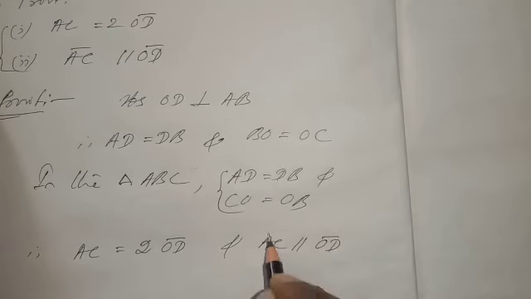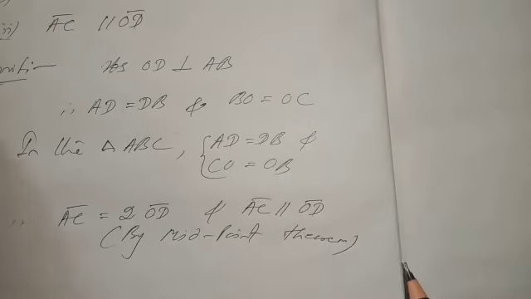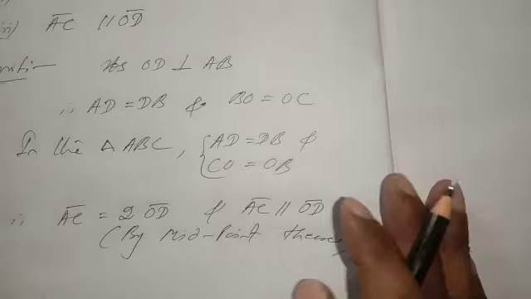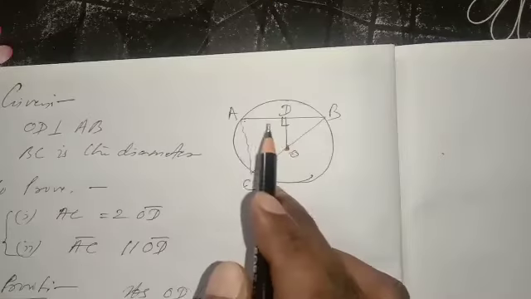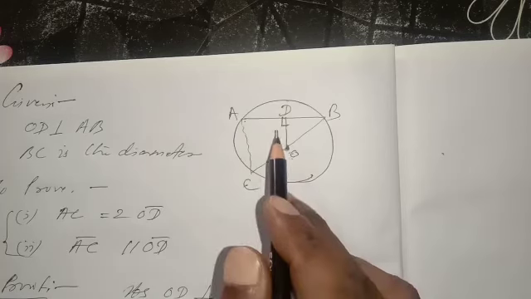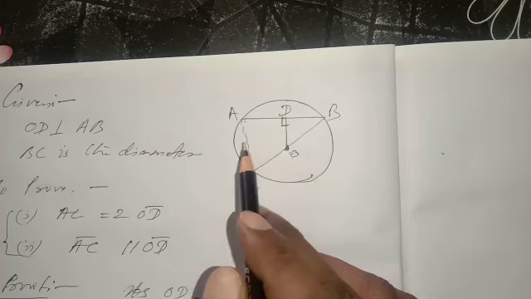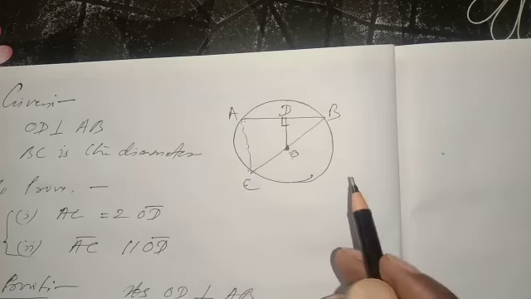This is by midpoint theorem. By midpoint theorem, it is proved. Whenever D is the midpoint of AB and O is the midpoint of BC, then by midpoint theorem, OD is parallel to AC and OD equal to half of AC, or AC is equal to twice of OD.